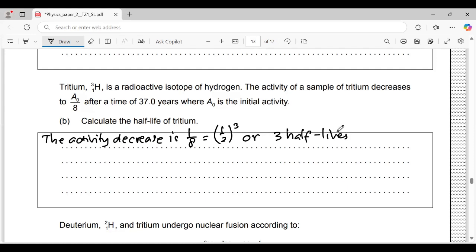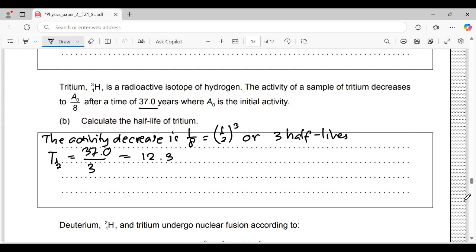So the half-life of tritium is 37 over 3, and the result is 12.3 years.